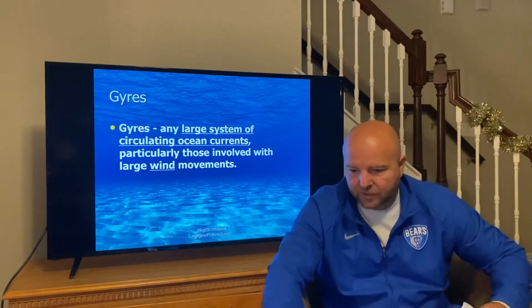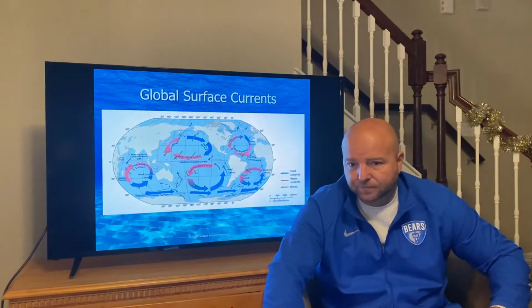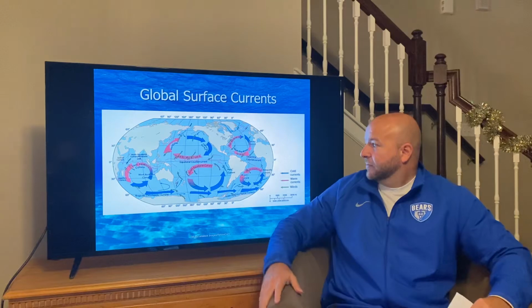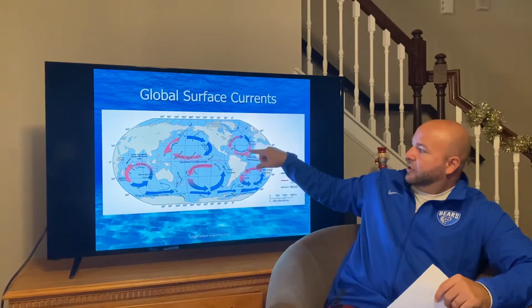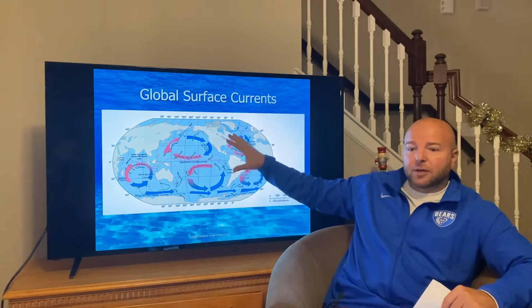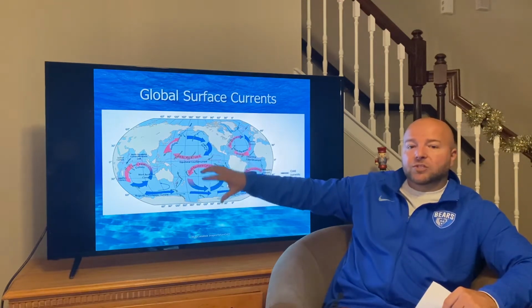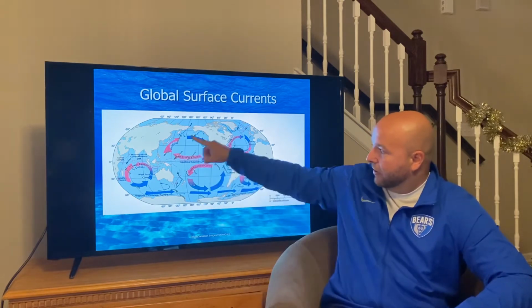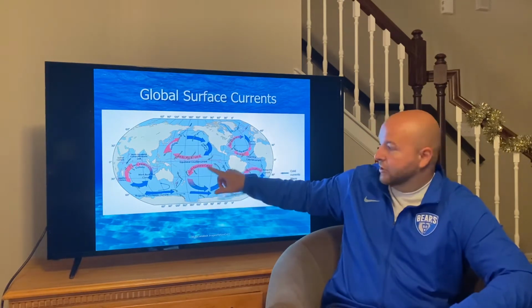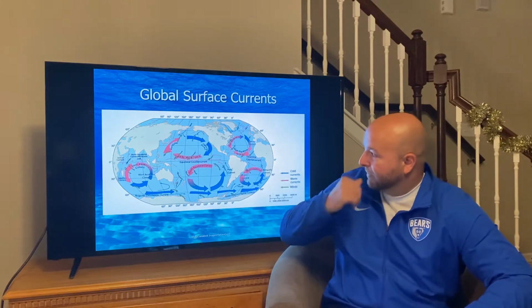I'll give you a little image of what this looks like. We've got our large circular patterns here. This is roughly the same pattern that the winds were taking because of the Coriolis effect. And now our ocean currents are following the same pattern.